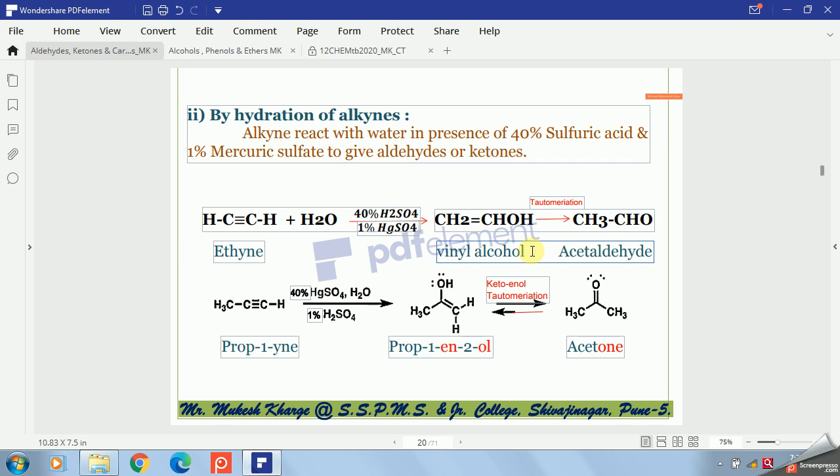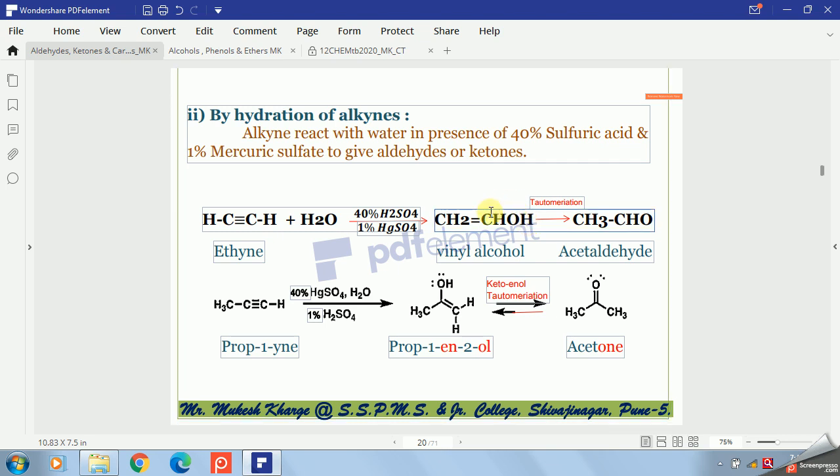That's why the compound is vinyl alcohol. We already discussed this in the classification of alcohols, and such compounds are unstable, so it undergoes conversion into a stable product.